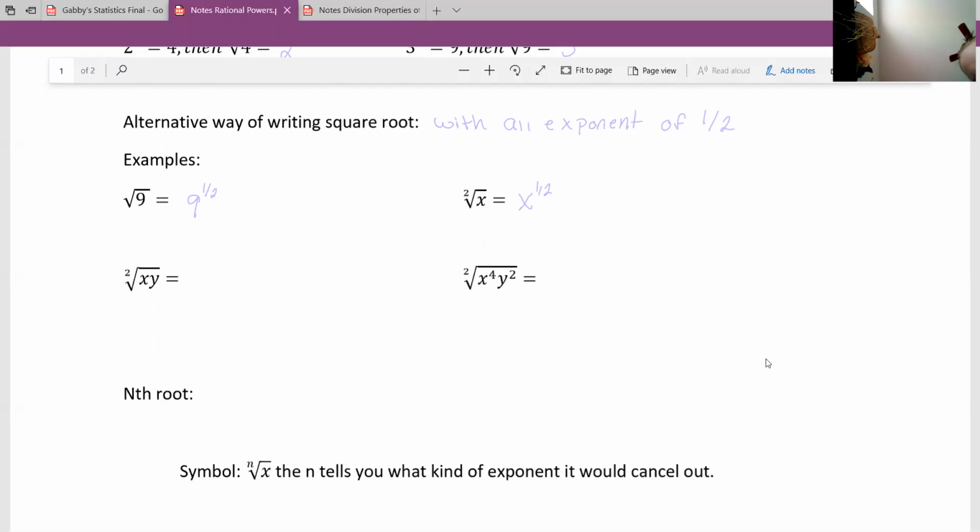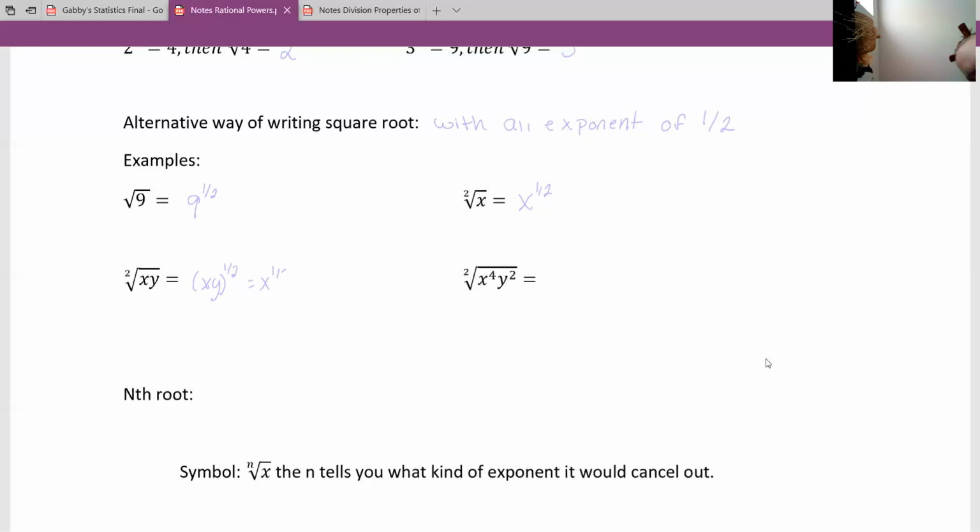Square root of xy, I'm going to put xy in parentheses and raise it to the 1/2. Or again, remember I can distribute, so this is x to the 1/2, y to the 1/2. And same thing over here. This is going to be x to the 4th, y to the 2nd, all raised to the 1/2.